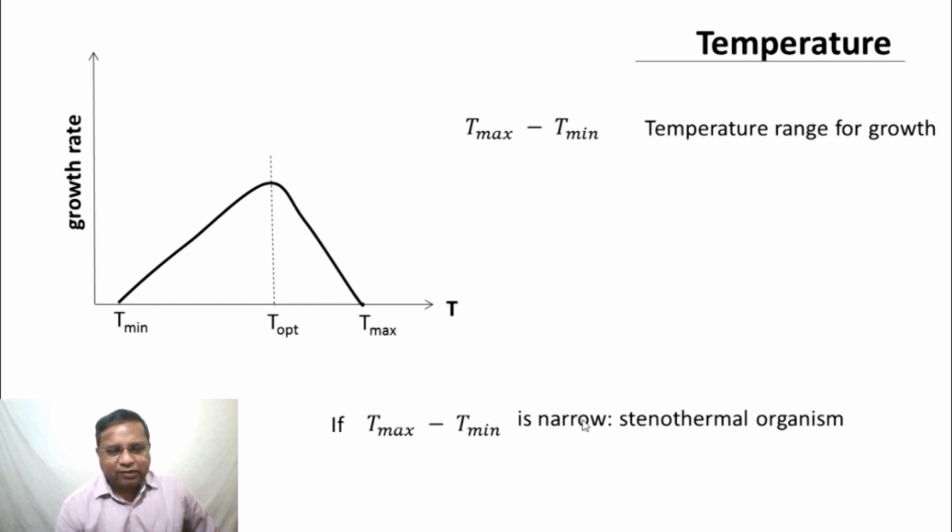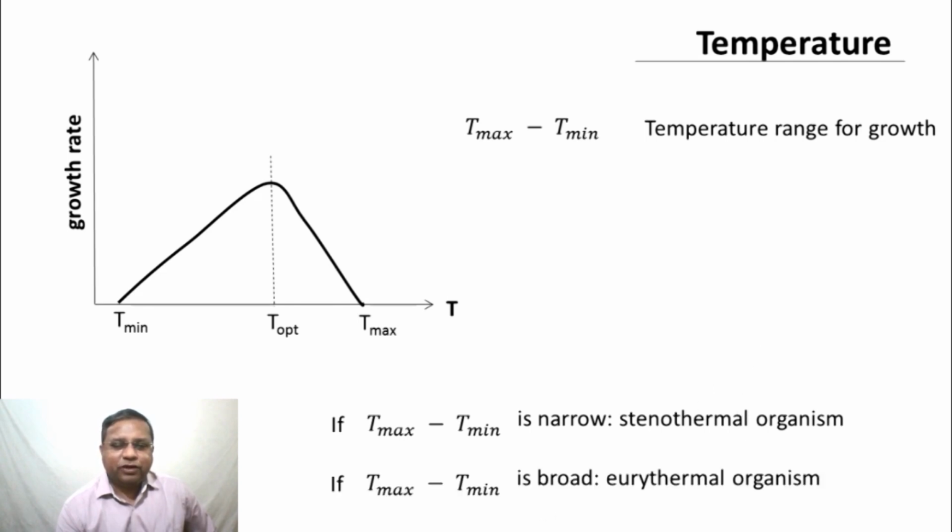Let us say it is reasonably narrow, a few degrees, or a few degrees, let's say 10, 20 degrees or so, then the organism is called a stenothermal organism.